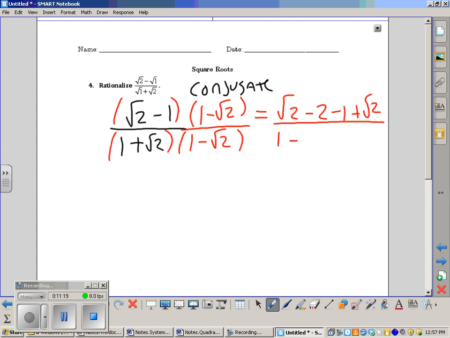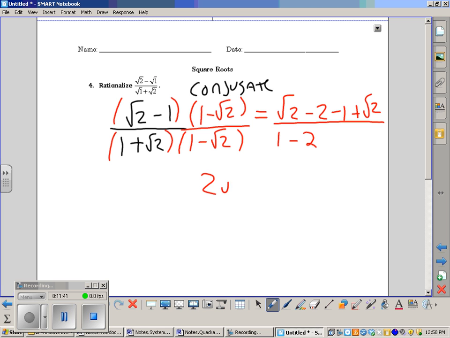Remember, the middle terms cancel because you've set up a difference of squares. So 1 minus 2. So I'm going to double check my work because this is sort of tricky. Okay, I think it looks good.